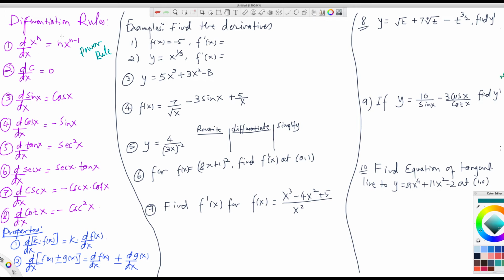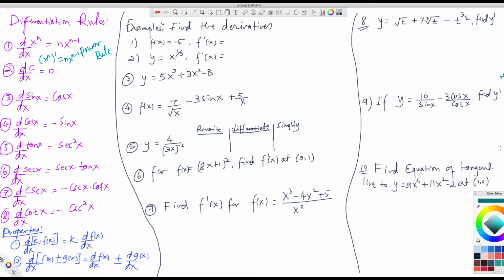Once you use that formula, you don't have to write d over dx. That d over dx is the same as the derivative. You can write x to the n, prime, is n x to the n minus 1. They have the same meaning, okay?